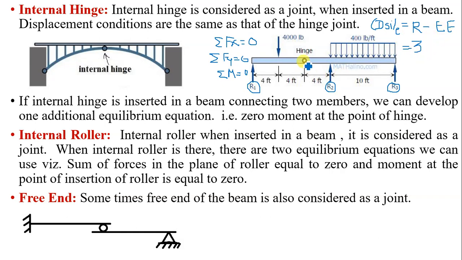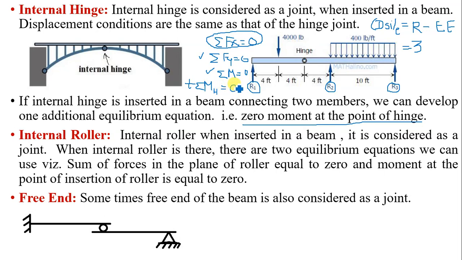But since there is a hinge, we can write one more equation in addition to the two equilibrium equations. These two equations are there, 1, 2, plus I can write one more equation: zero moment at the point of hinge. So I can write summation M at the point of hinge, let us suffix h, is equal to 0.